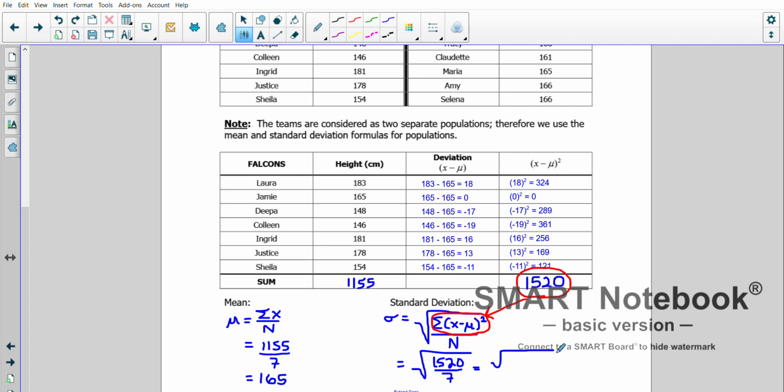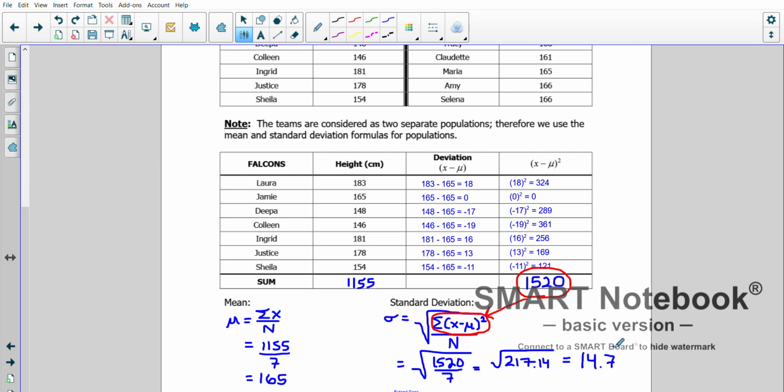My real calculator's gone missing, so I'll use my phone. 1520 divided by 7 is 217.14. Take the square root of that, and you get 14.73, or we'll round it to 14.7. That is the standard deviation.